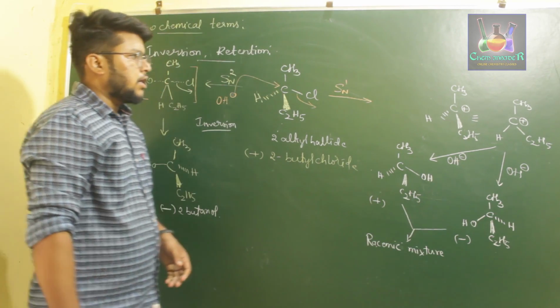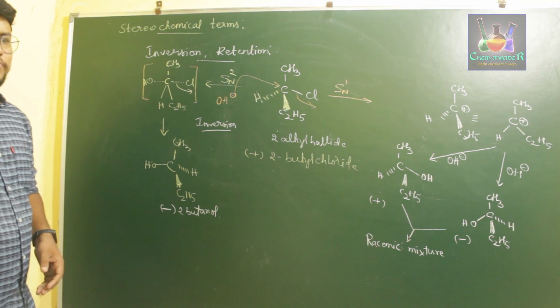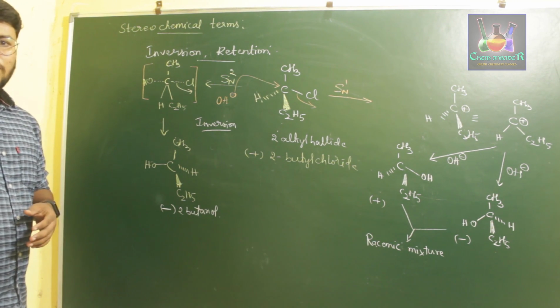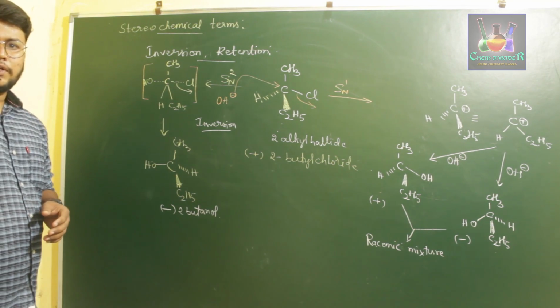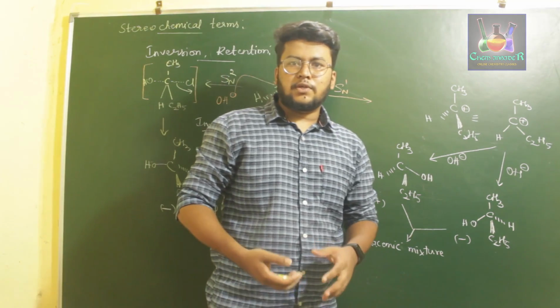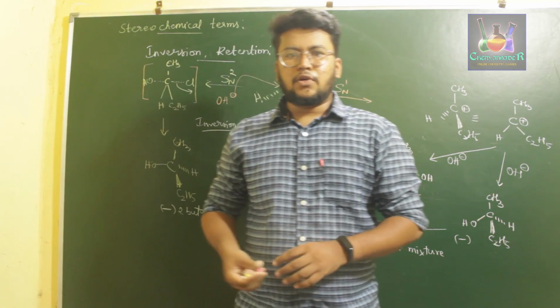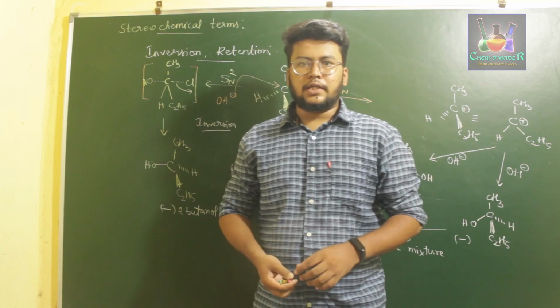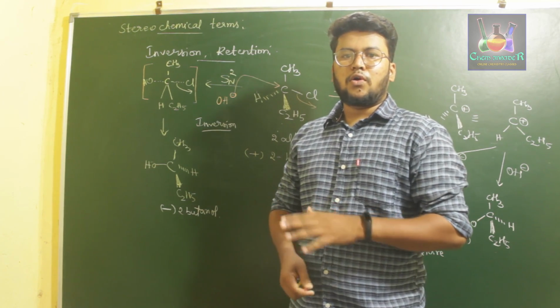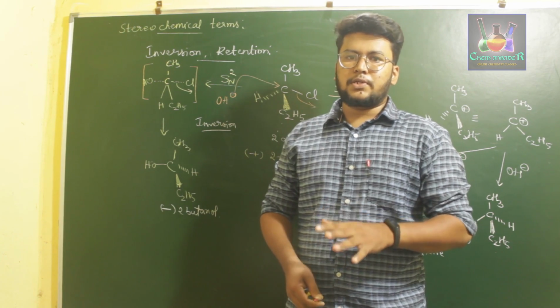These are the complete stereochemical aspects you have to know in order to understand the chemical reactions of nucleophilic substitution of haloalkanes. So until this point, what we have discussed depends upon the nucleophilic substitution reaction.